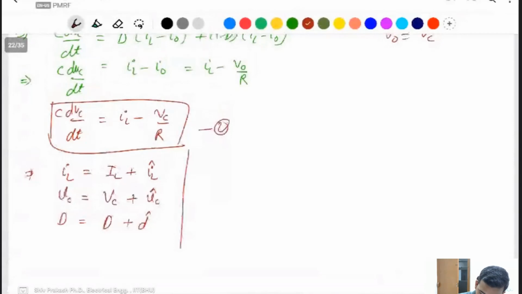So we can apply perturbation in the inductor current, capacitor voltage, and duty cycle. You can change only these. So ripple is coming in the inductor current and capacitor voltage, and the duty ratio controls the output voltage.